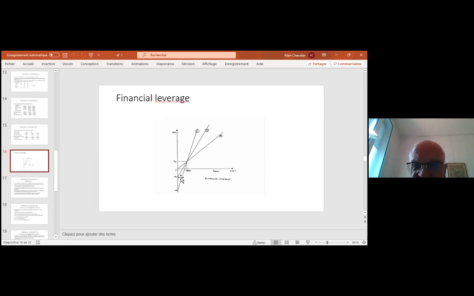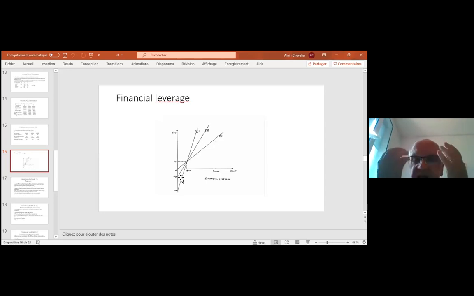And of course, when we go for the calculations, we will find and demonstrate this situation at the point where the level of EBIT is equal to the level of investment multiplied by the interest rate. We always have, whatever the financial structure is, the same return for shareholders. It is completely independent.